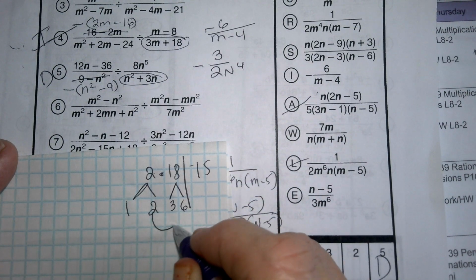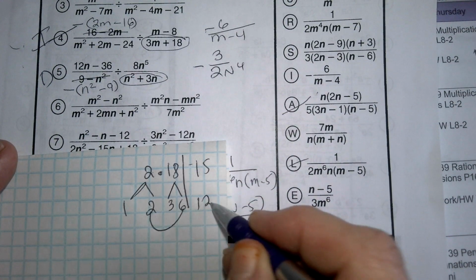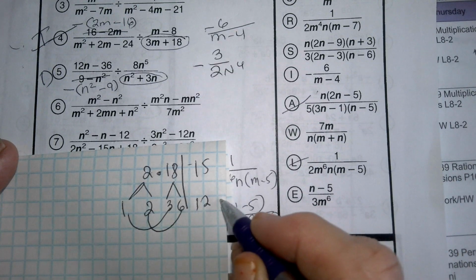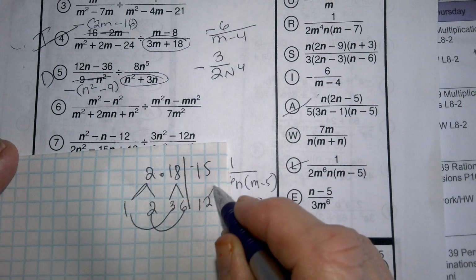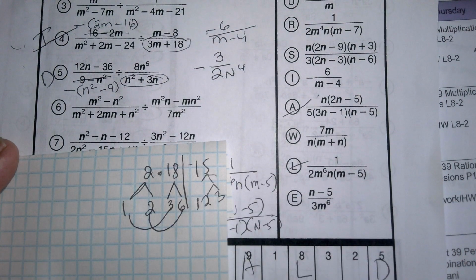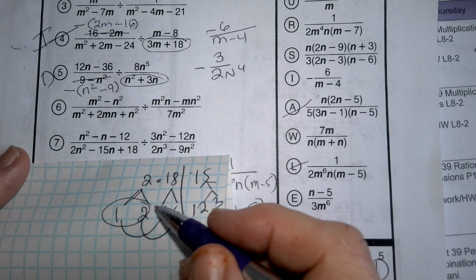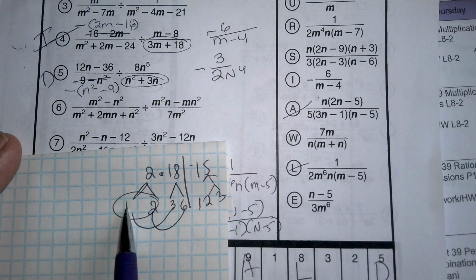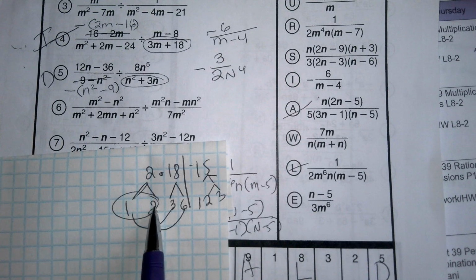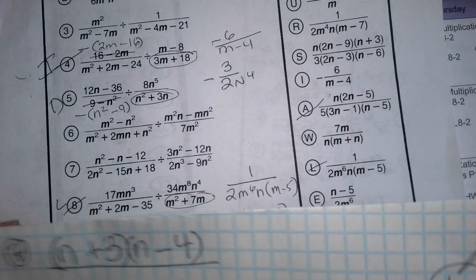Because 2 times 6 is 12. 1 times 3 is 3. And that sums to 15. So that's it. So our first two terms are those n's? Yeah. So it's going to be 1n in the first part of the binomial and 2n in the other.